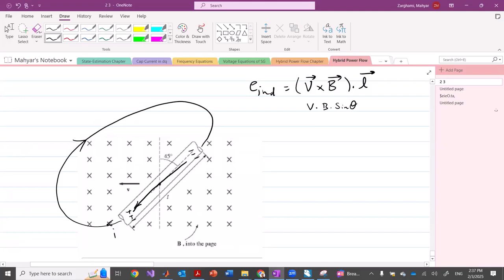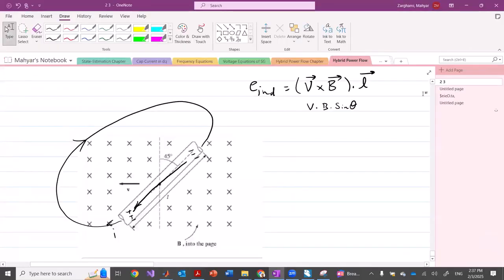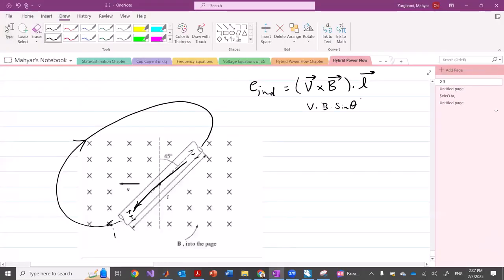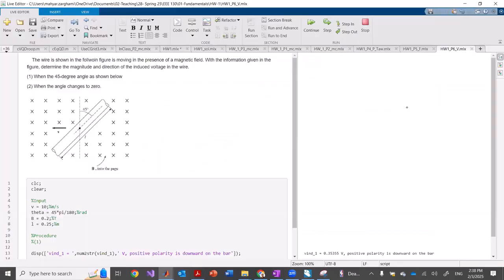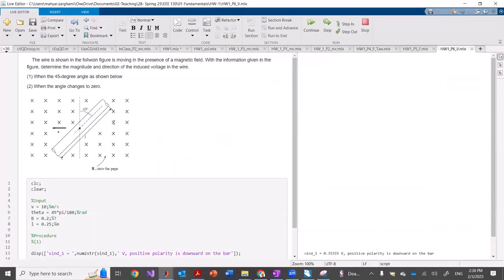Theta is the angle between V and B. The angle between V and B is how much? 90 degrees, right? So this would be sine of 90 degrees. And the cosine of that other angle is for 45 degrees. So depending on what that angle is, that could change.